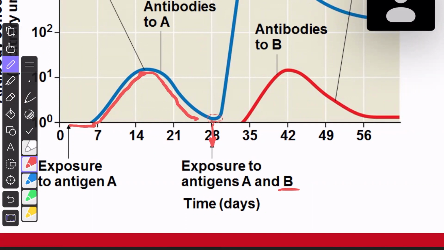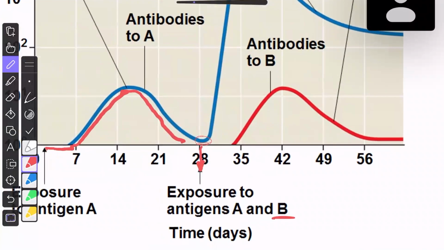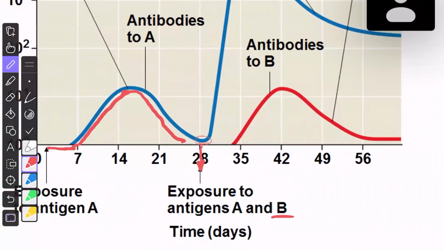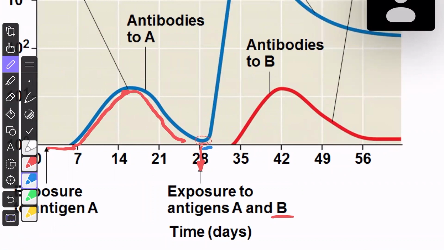Let's talk about first what happens with your antigen B response. What does antigen B response look like? It lags again, right? I'm going to switch to a blue line because that makes sense to me. So I've got another lag before I start. Why? Because it's learning again. It's a new antigen. It doesn't know what to do with this one.